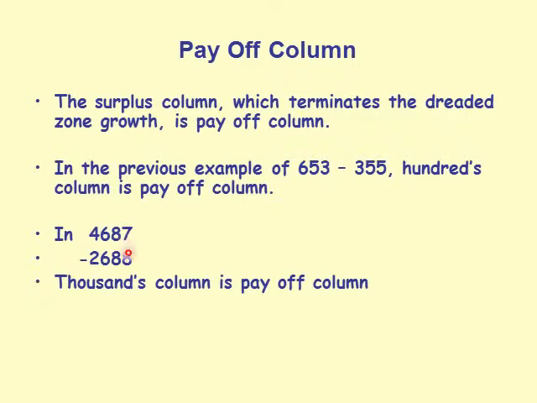In the units place, it says 7 minus 8, which is deficient and in the dreaded zone. The tens column is 8 minus 8, which is sufficient and not surplus, so it's also in the dreaded zone. The hundreds column is 6 minus 6, which is sufficient and not surplus, so it's also in the dreaded zone. In the thousands column, 4 minus 2 is surplus and it terminates the growth of the dreaded zone, and it is a payoff column.